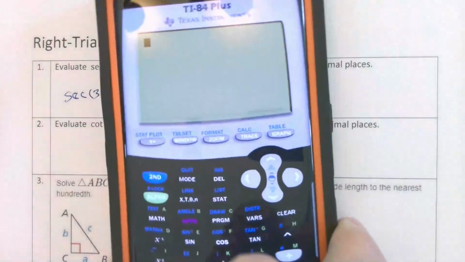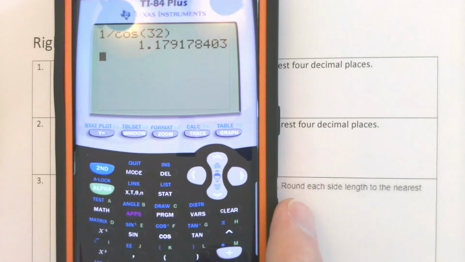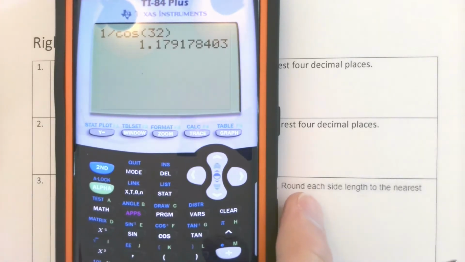It's 1 divided by cosine 32. I'm supposed to round this to 4 decimal places, so that's 1.1792.